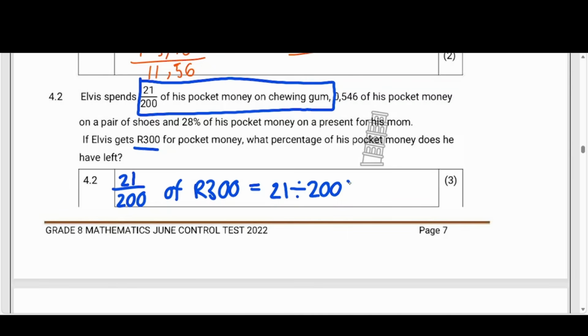Of means times, so times 300. So it's nice, we've got our calculators, so we can just go 21 divided by 200 times 300. So he spends 31 Rand and 50 cents on chewing gum.